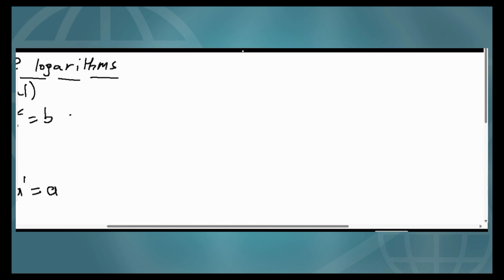Now let us look at property 2. Property 2 states that log 1 to base a is equal to 0.